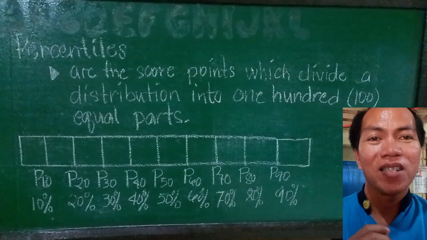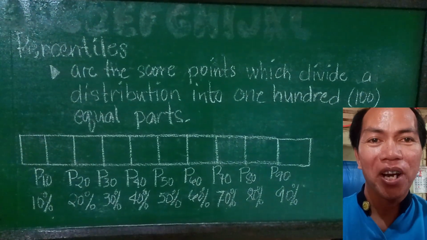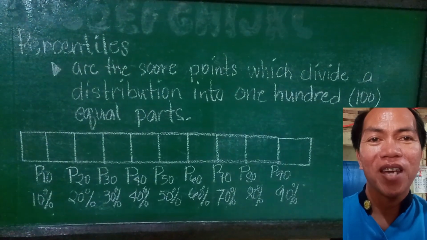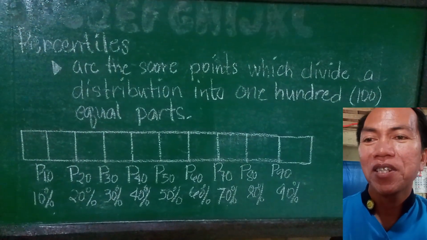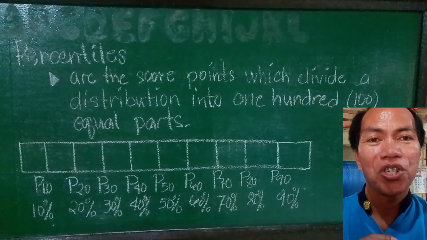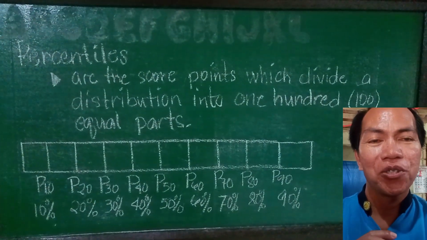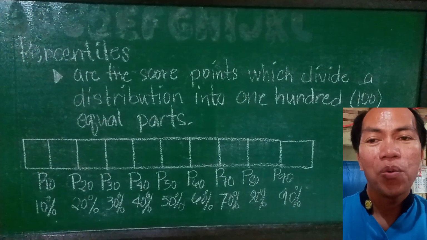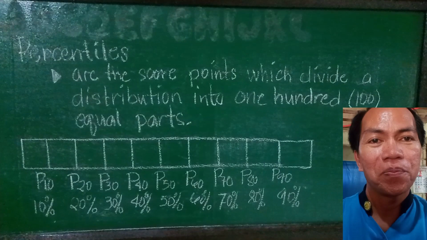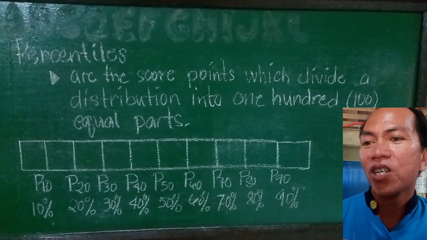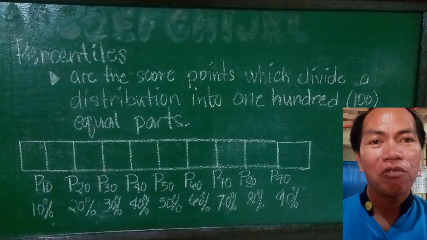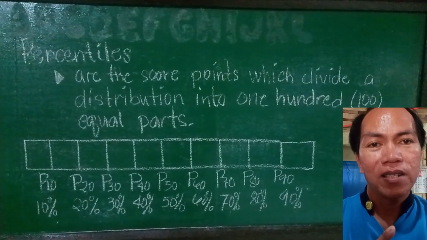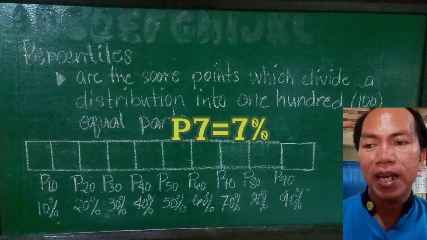And lastly, we have percentiles. While quartiles divide the distribution into 4 equal parts, and deciles divide the distribution into 10 equal parts, percentiles are the score points which divide the distribution into 100 equal parts. In this case, we have percentile 1 up to percentile 100. Let us say, for example, we are looking for percentile 7 of our distribution. Percentile 7 is equivalent to 7%.